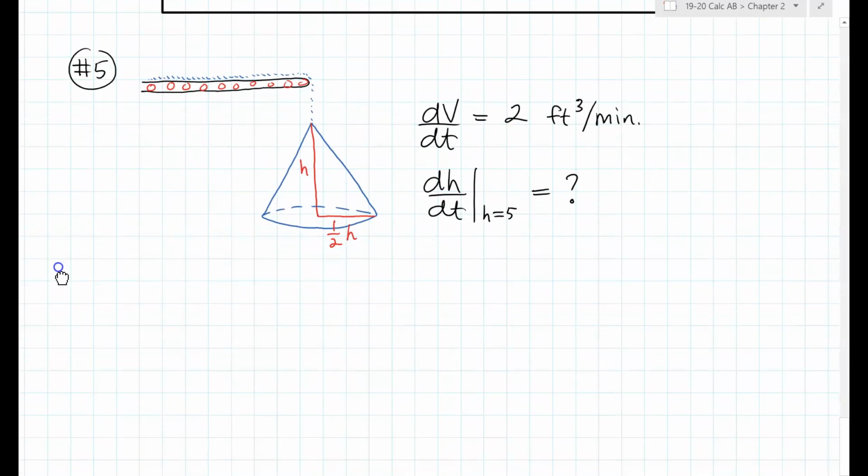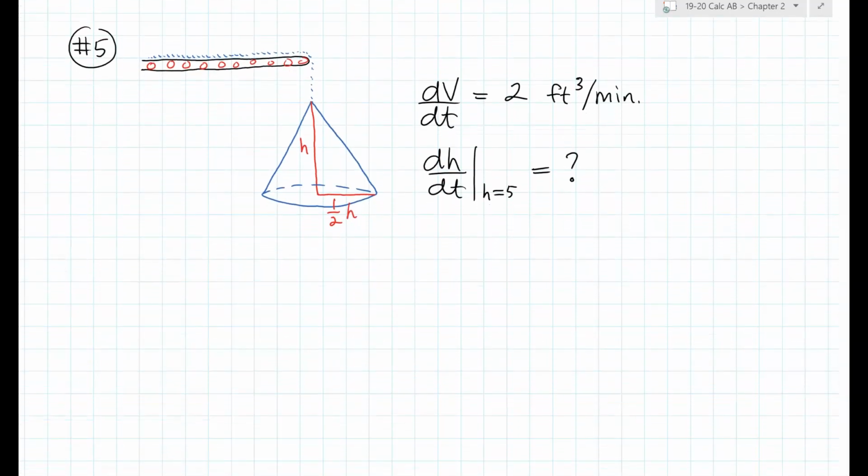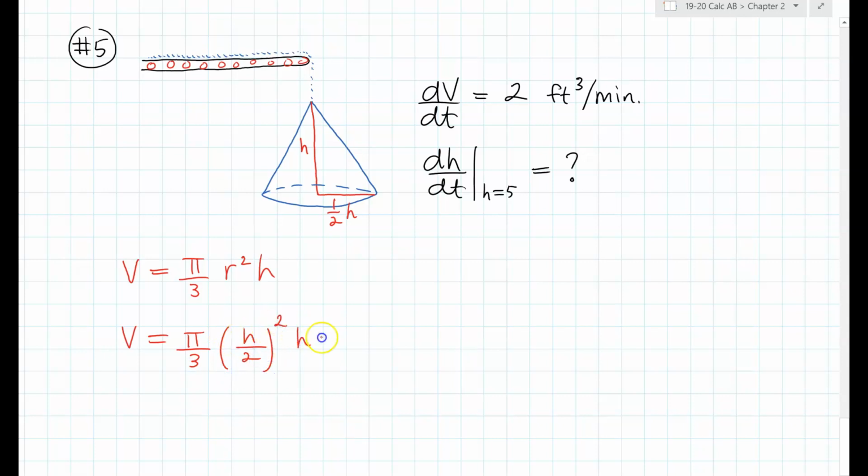So remember, they gave us this equation, right? V equals... do they do 1/3 or pi over 3? Pi over 3, sorry. So V equals pi over 3 r squared h. But we know that the radius is h over 2 squared.